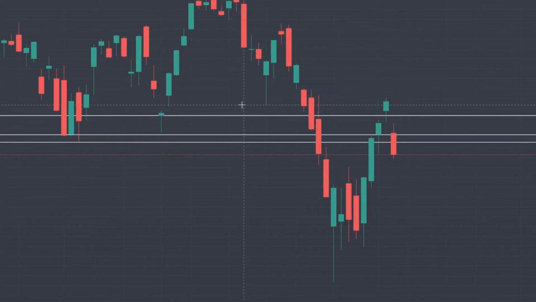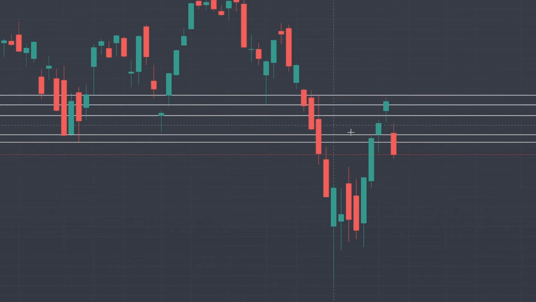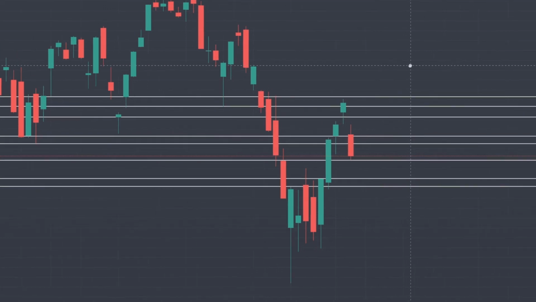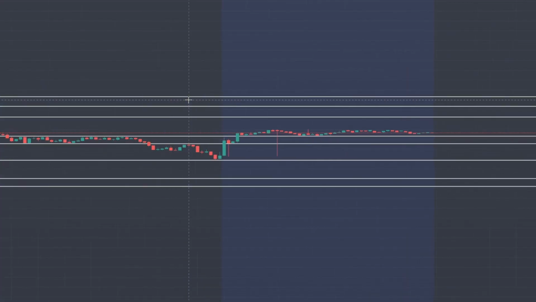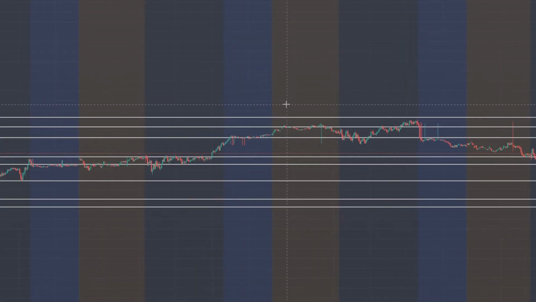Once I have gone ahead and completed as many as I can, we will cut down to the smaller time frame to understand exactly what is happening. So now that I have the majority of lines that I'm happy with, I will go ahead and cut down to a smaller time frame. Notice how I used the previous history to draw these support and resistance lines.